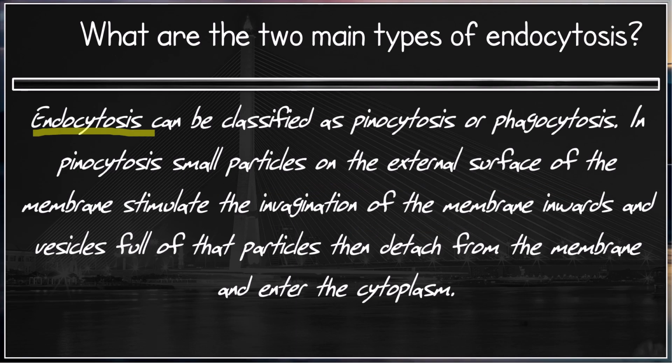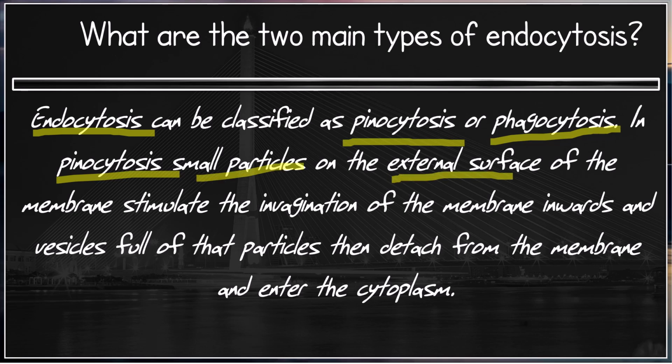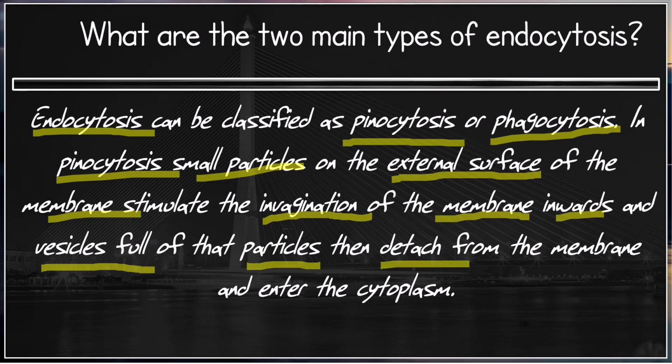Endocytosis can be classified into pinocytosis or phagocytosis. In pinocytosis, small particles on the external surface of the membrane stimulate the invagination of the membrane inward, and vesicles full of that particle then detach from the membrane and enter the cytoplasm.